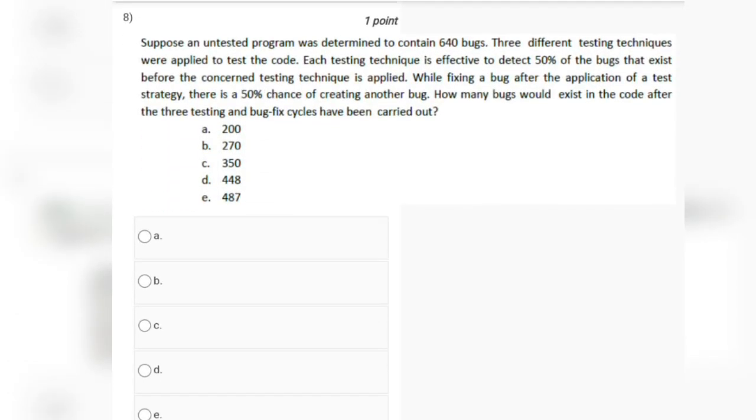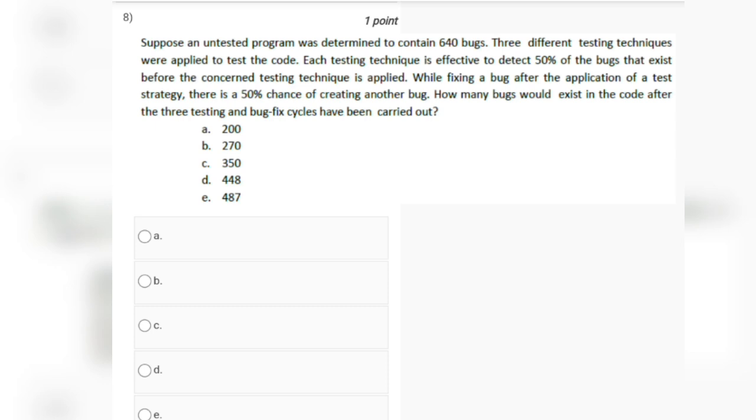Question number 8 is: suppose an untested program was determined to contain 640 bugs. Three different testing techniques were applied to test the code. Each testing technique is effective to detect 50% of the bugs that exist before the concerned testing technique is applied, while fixing a bug after the application of a test strategy, there is a 50% chance of creating another bug.